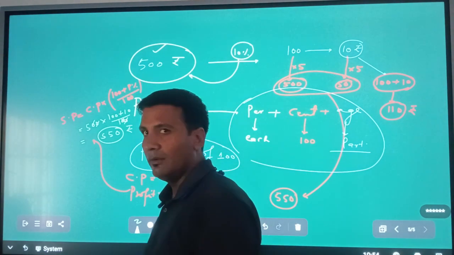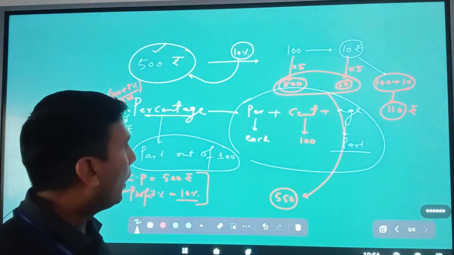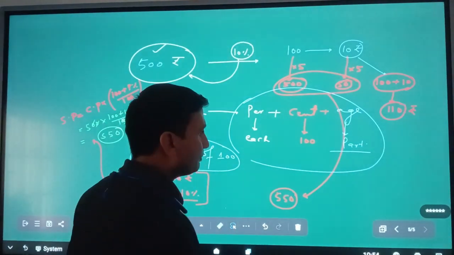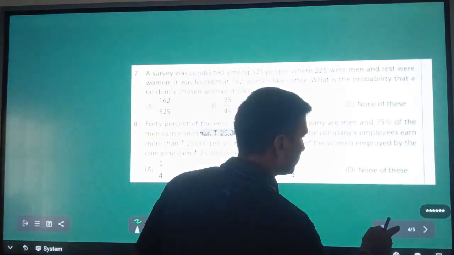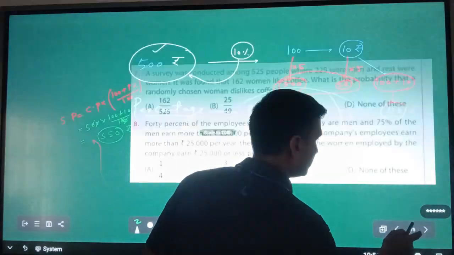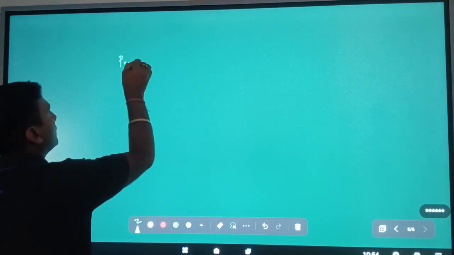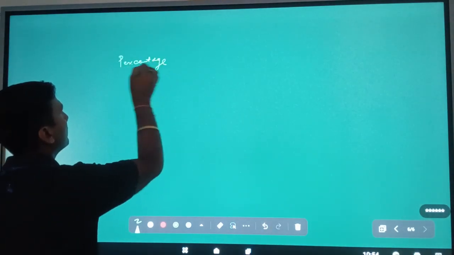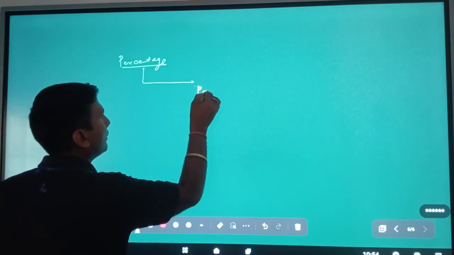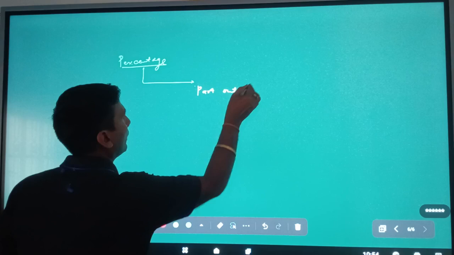So my focus will be on what is percentage. Percentage can be defined as a part out of 100.